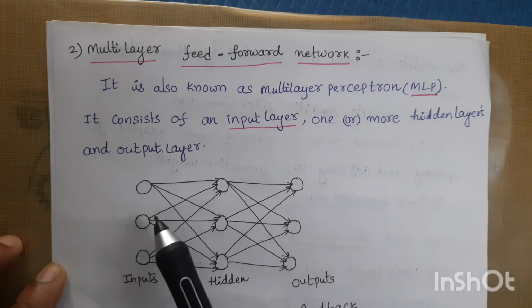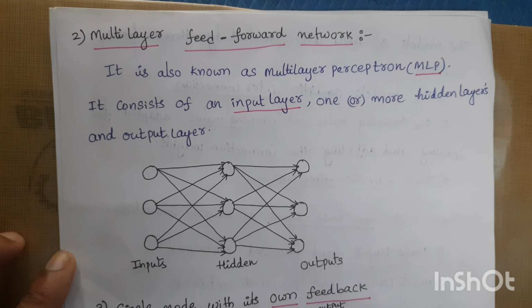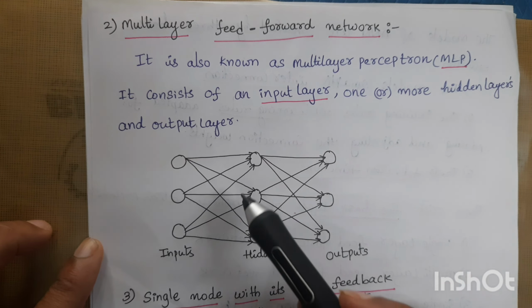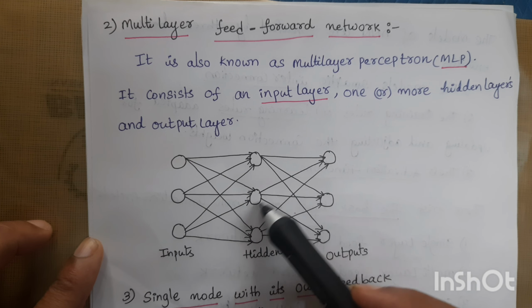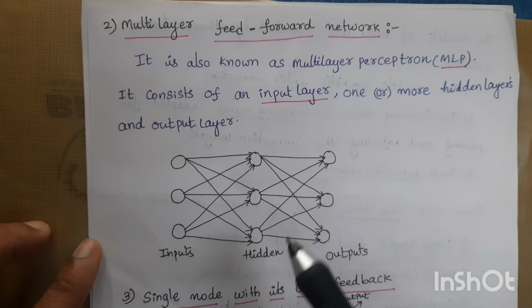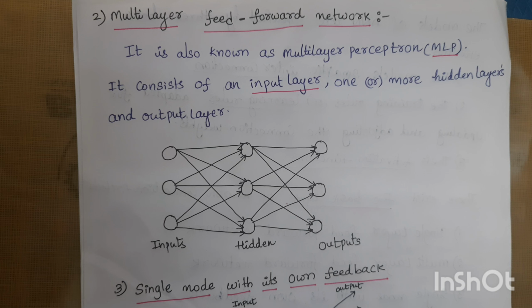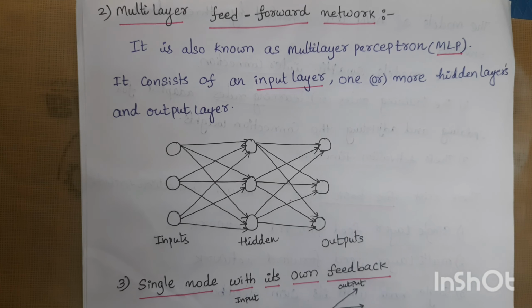In the previous one we had only inputs and outputs, but now we are going to add one more thing, which is called a hidden layer. So the difference between single layer feed forward and multi-layer feed forward is that we have added only one extra thing, which is called a hidden layer.